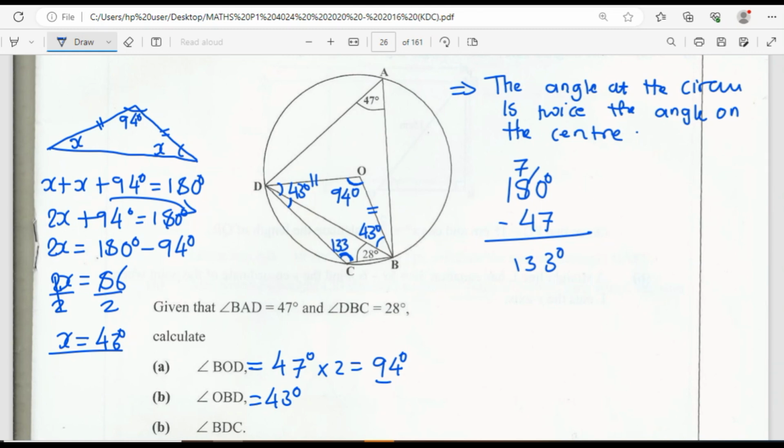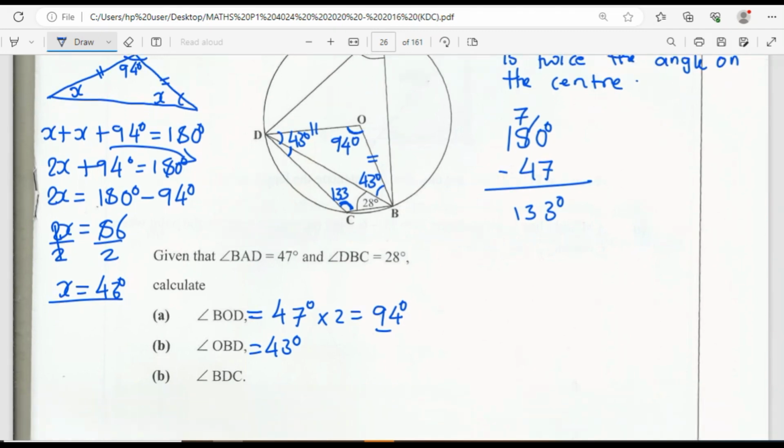So there is 133. Then if we take CBD, this is just a triangle. So let's put x. So x plus 133 plus 28 adds up to 180. So 133 plus 28: 8 plus 3 is 11, we keep the 1, 3 plus 2 is 5 plus 1 is 6, so this is 161.